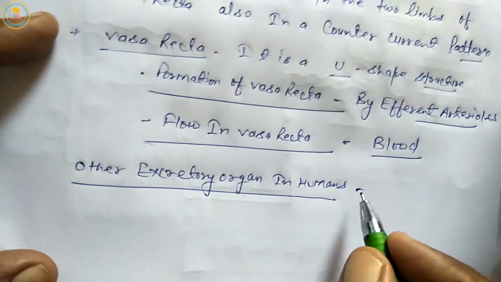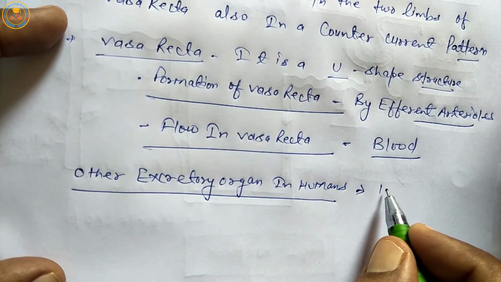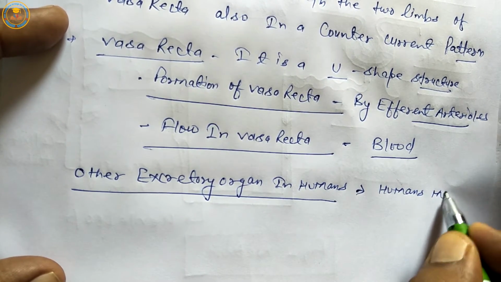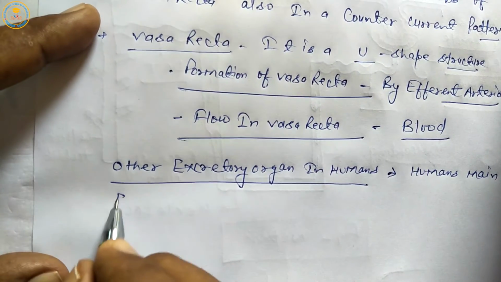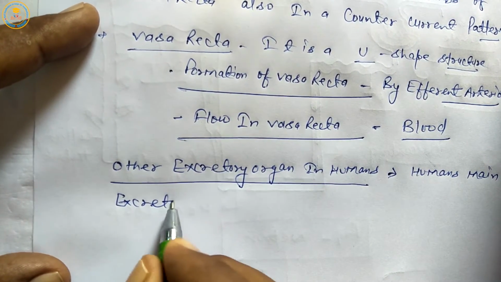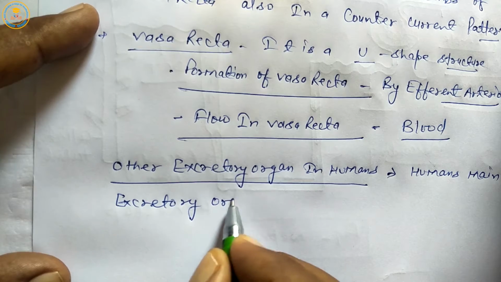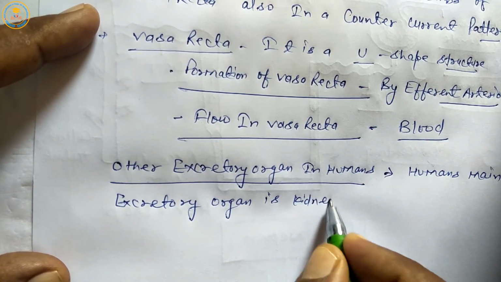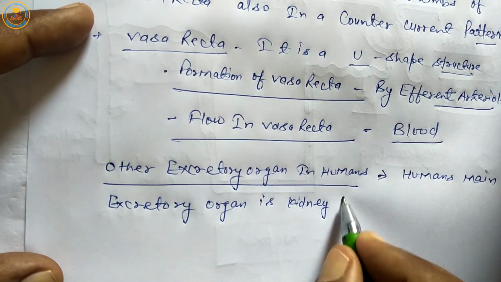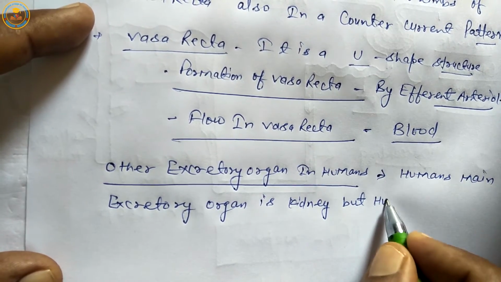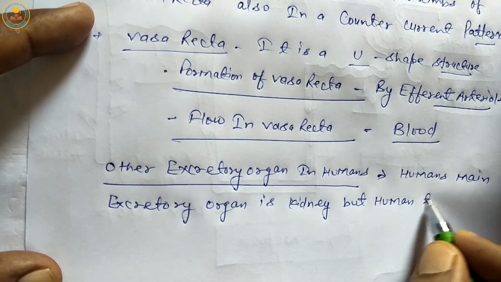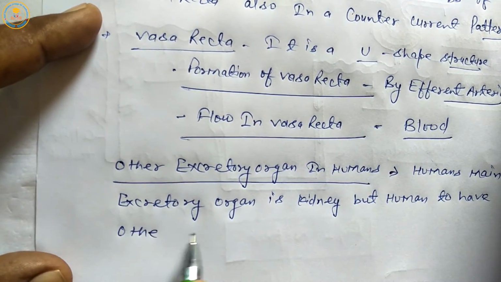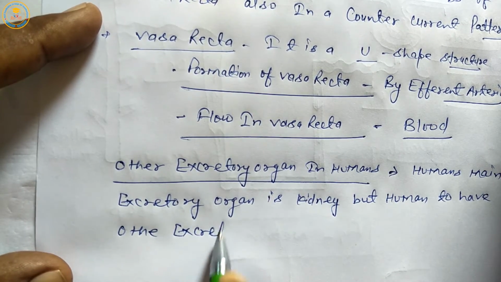Students, humans' main excretory organ is kidney, but humans have other excretory organs.